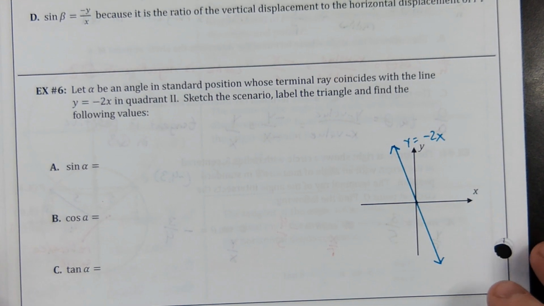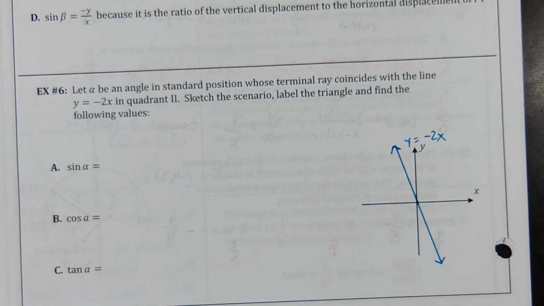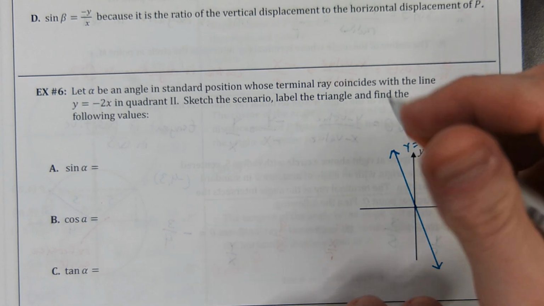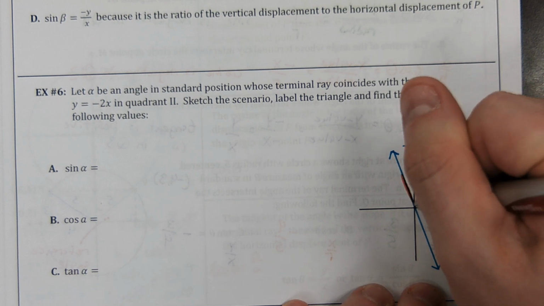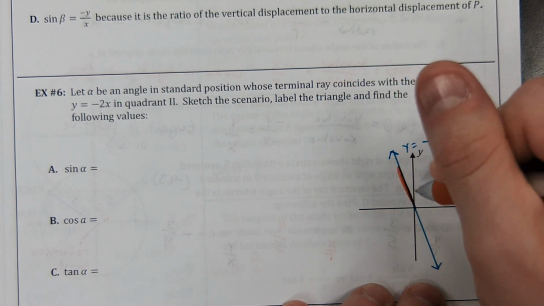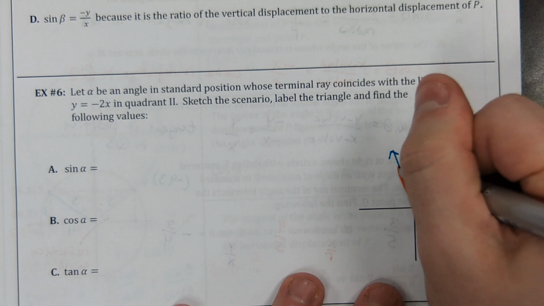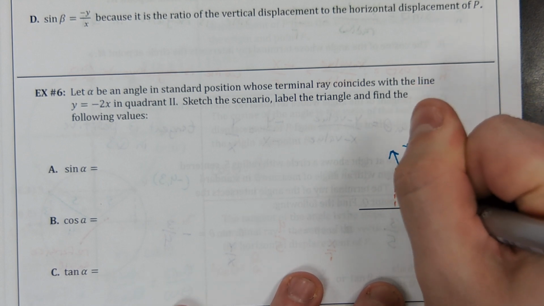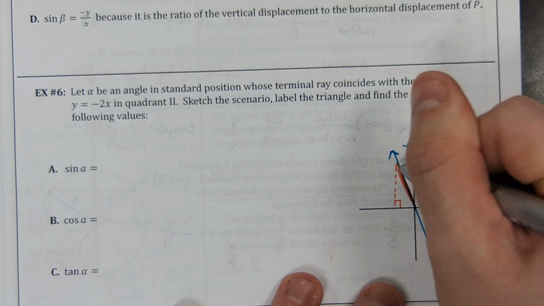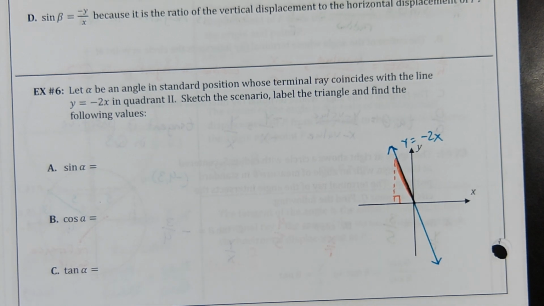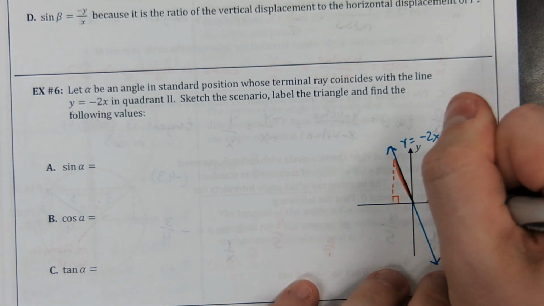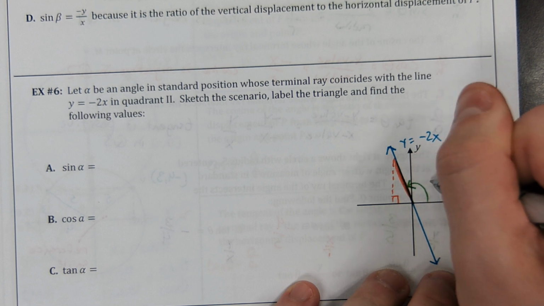And what we've been told is that the ray of our angle coincides with that line. So we'll say there's the ray of our angle. Drop a vertical line, an altitude to the x-axis, and oh look, we have a right triangle. Our theta is out here because it is in standard position.